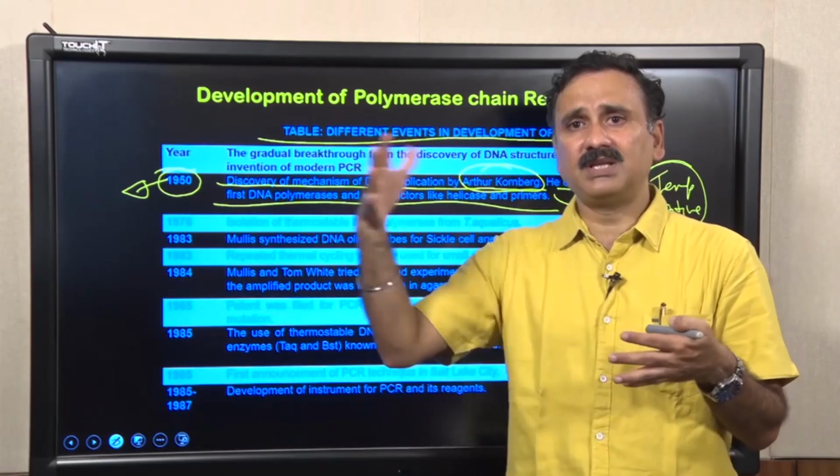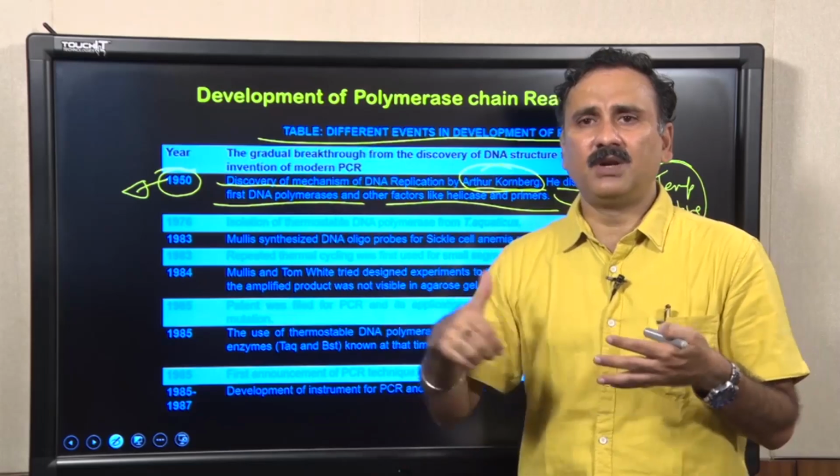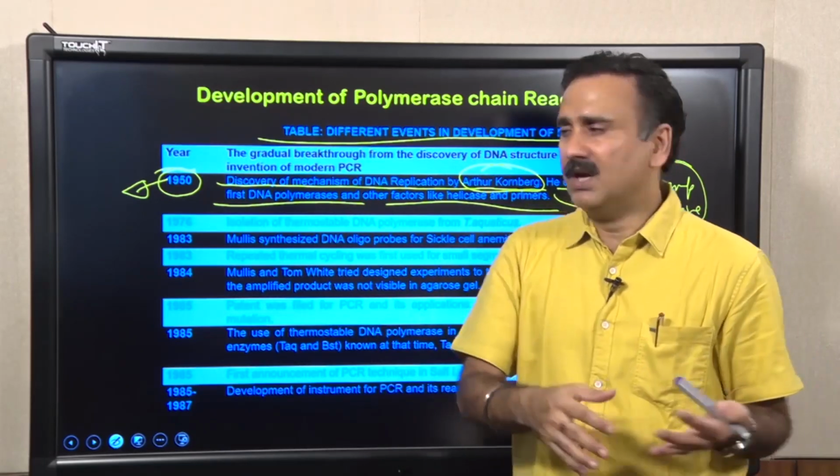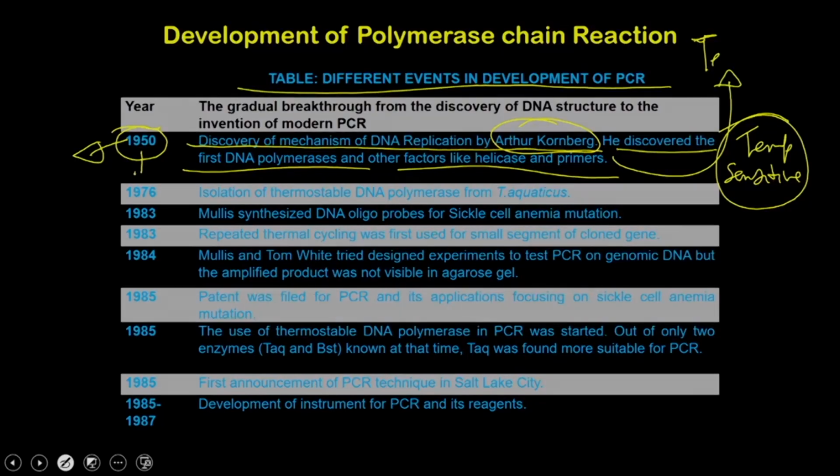But once you raise the temperature, the enzyme reported by Kornberg is going to be inactivated, and that is why nothing happened until 1976, when people discovered the first thermostable DNA polymerase from Thermus aquaticus.